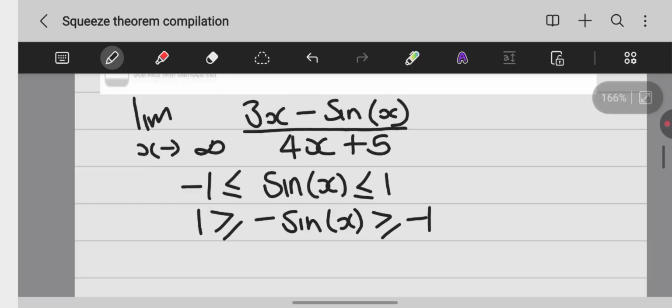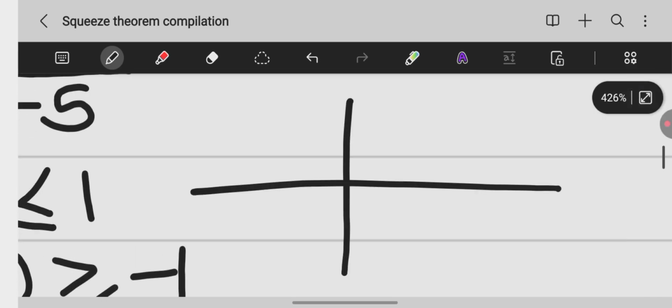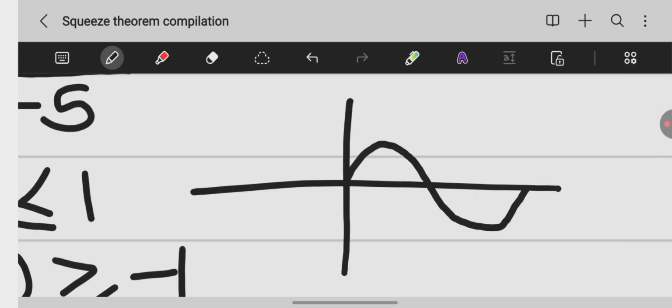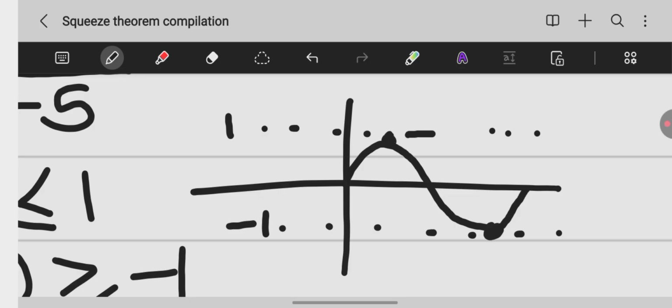If you're flipping, so for example, if you had sine like this, and obviously it goes from -1 to 1, this would be sine being squeezed in between -1 and 1, right?